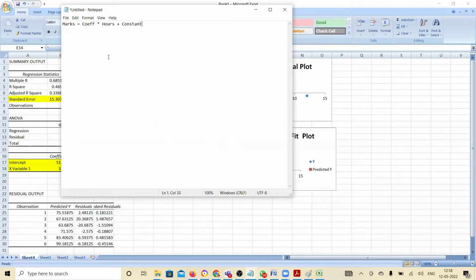This is also the equation for a line. This is how a line is plotted, right? If you put it in XY format, it is y equal to mx plus c. M is the slope, c is the constant. Y equal to mx plus c.